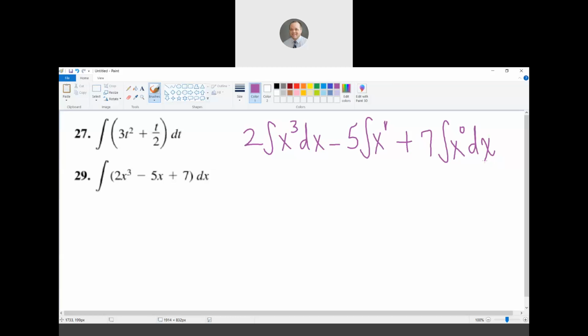Next, find the antiderivative of each term by undoing the power rule. That means instead of subtracting 1 from each original exponent, you add 1.